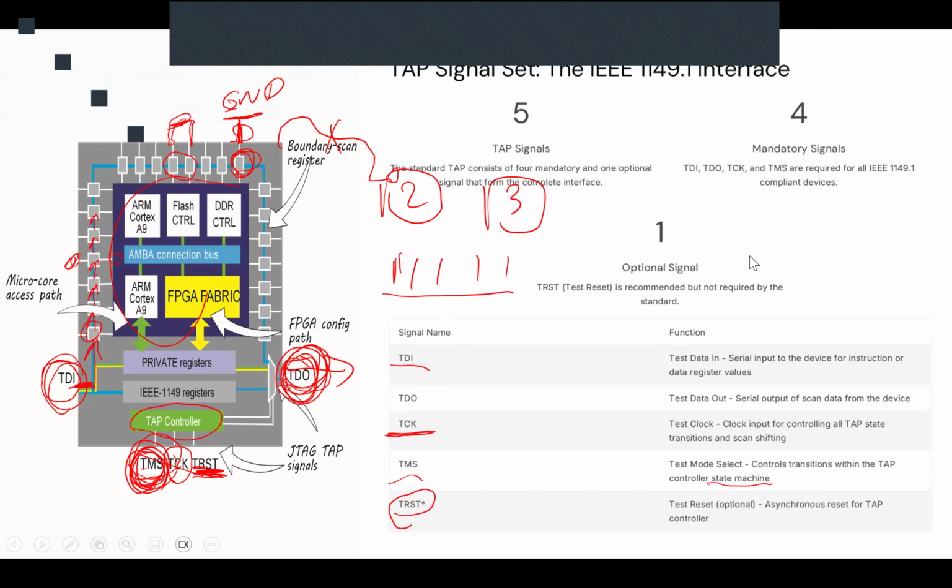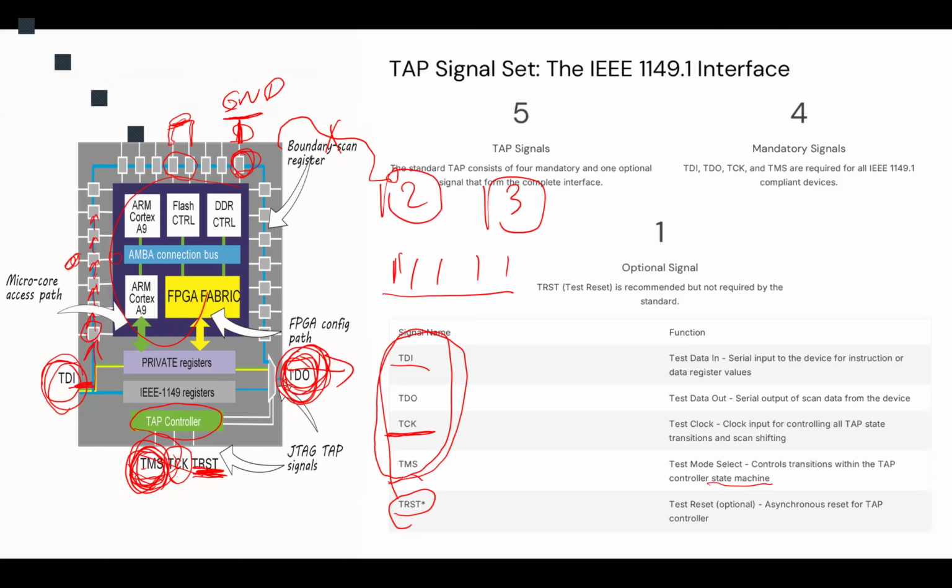Now, I wanted to emphasize that of all these five pins that we have, four are mandatory. So right now in the design process of these digital systems, when you want to design any of those chips, it's not an option. You have to have these pins and the system of boundary scan cells, the chain of scan cells, in your system. It's mandated.